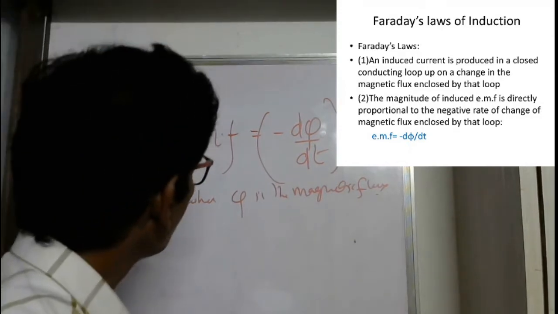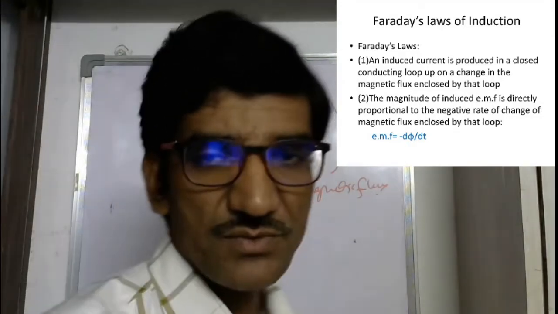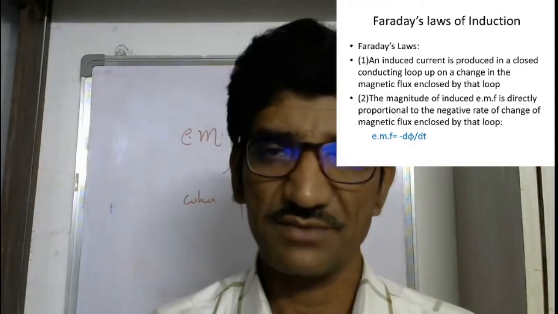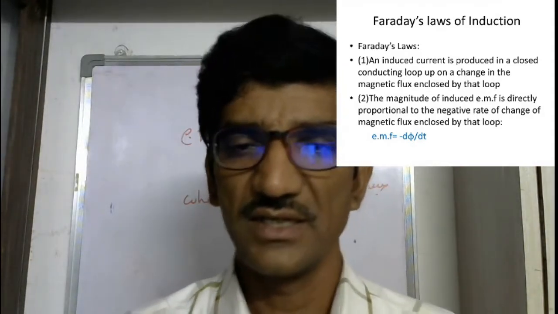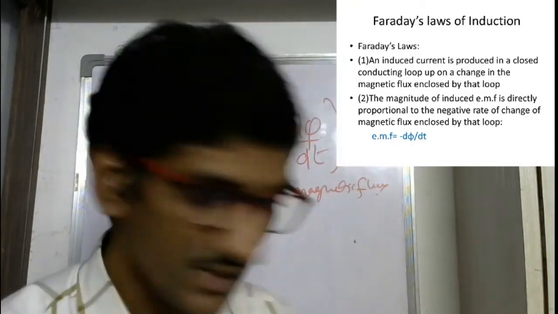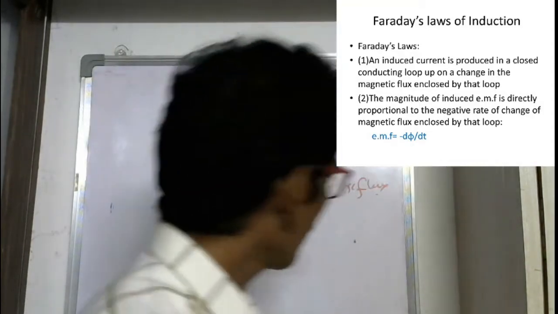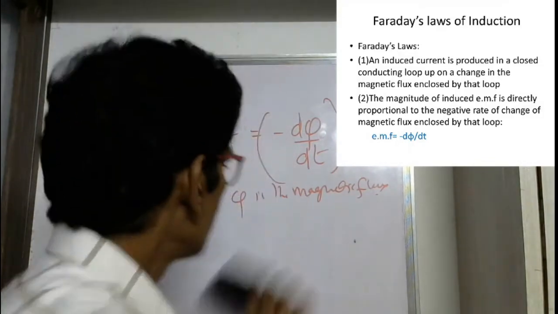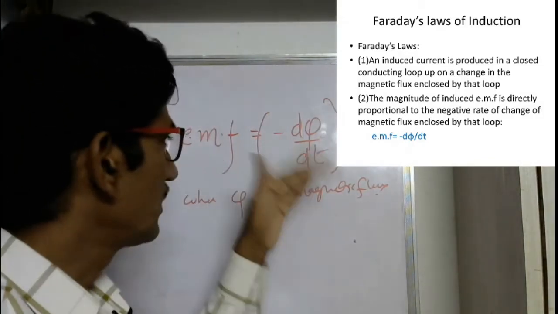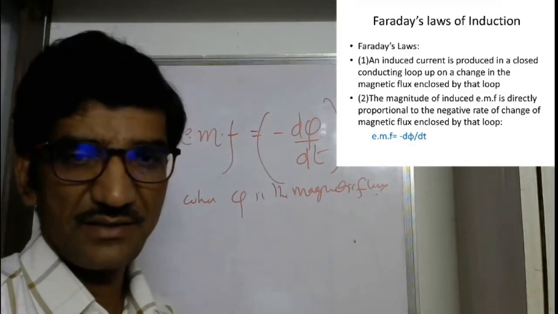This is Faraday's law of induction. You must take this as a single law as well. Now we have EMF is equal to minus d phi by dt.